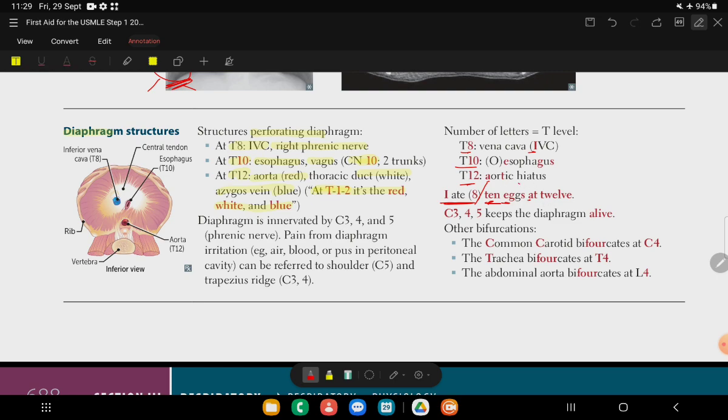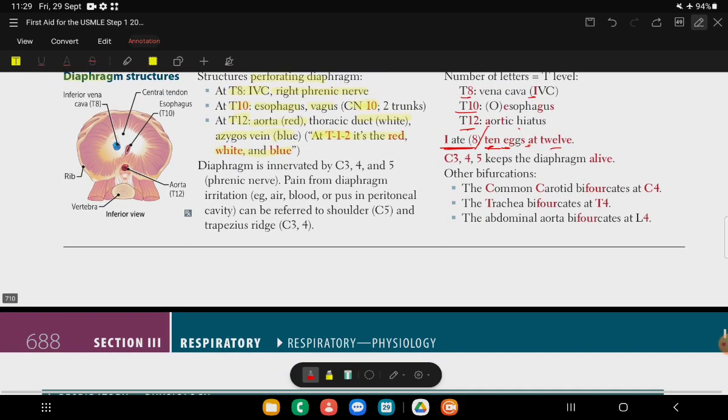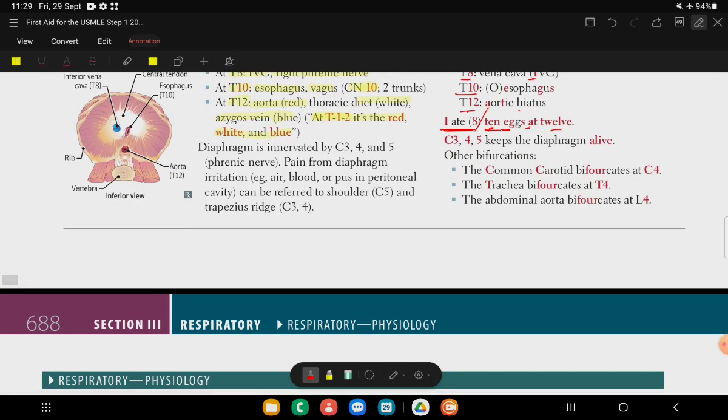C3, 4, 5 keeps the diaphragm alive. Other bifurcations: the common carotid bifurcates at C4, and the trachea bifurcates at the T4 level.